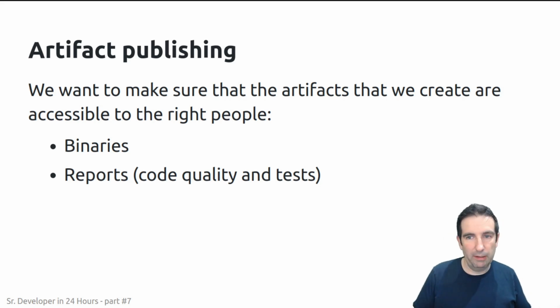So at the end of the day, we want to make sure that that information is available to the right people, even if the right people is our own team. For example, we could also put together documentation that we want to publish, things like that.